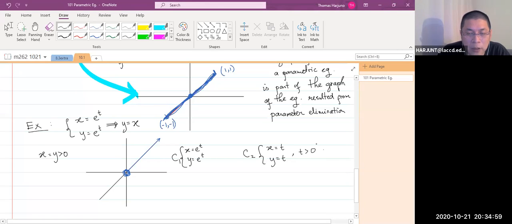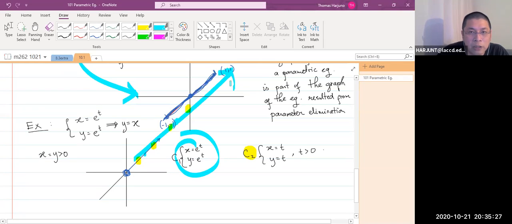What's the difference? When t equals 1, for this one it's 1, 1, then 2, 2, 3, 3, and so on and so forth. But for the exponential one, when t equals 1 it's already here, t equals 2 is here, t equals 3 is there. It's shooting off in that direction a lot faster. It's increasing exponentially, while this one only moves linearly.